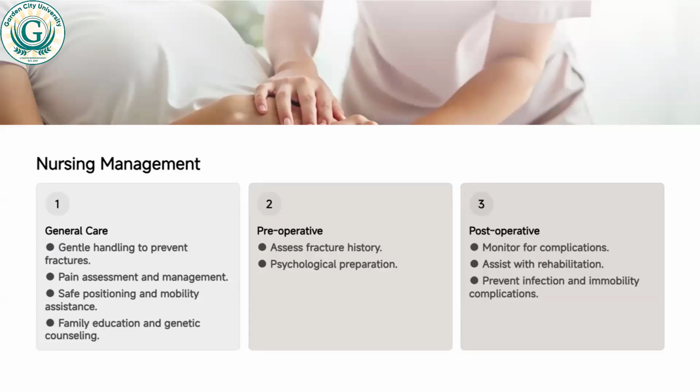Preoperatively, you assess the fracture history and do psychological preparation for the surgery before you send the person. Post-operatively, after the surgery, we have to monitor for complications as usual, because the fact that they have undergone surgery doesn't mean that they cannot sustain injury again. So you monitor for any recurrence of the fracture.